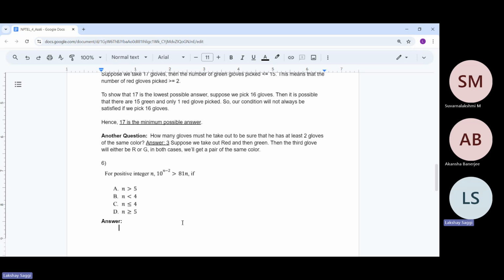So the sixth question says that, okay, this is again an inequality based question. For positive integer n, 10 raised to the power n minus 2 is greater than 81n. If so, effectively the question is asking us for what values of n does this inequality hold? That 10 to the power n minus 2 is greater than 81n.